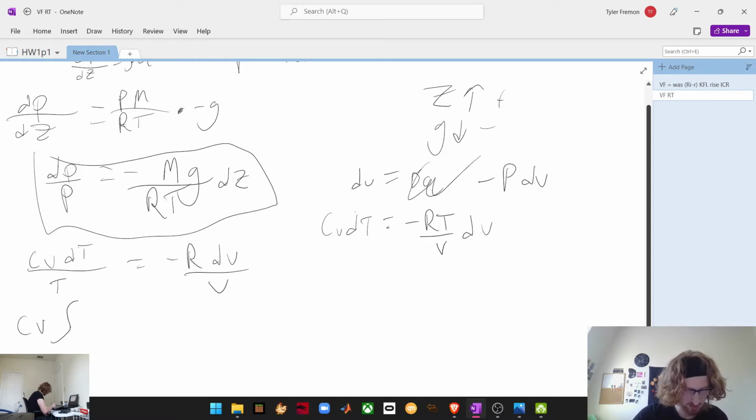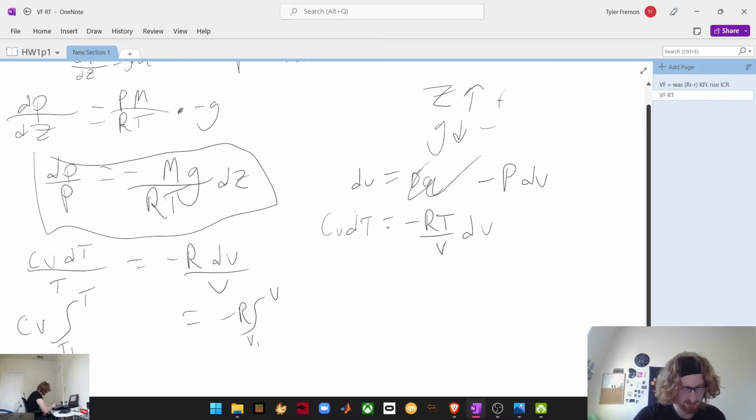And in this scenario, we're going to be looking at an ideal gas where we know the specific volume and the temperature at a certain altitude. So in this case, we'll call that V1 and T1. We're going to be integrating up to some unknown temperature and some unknown specific volume.